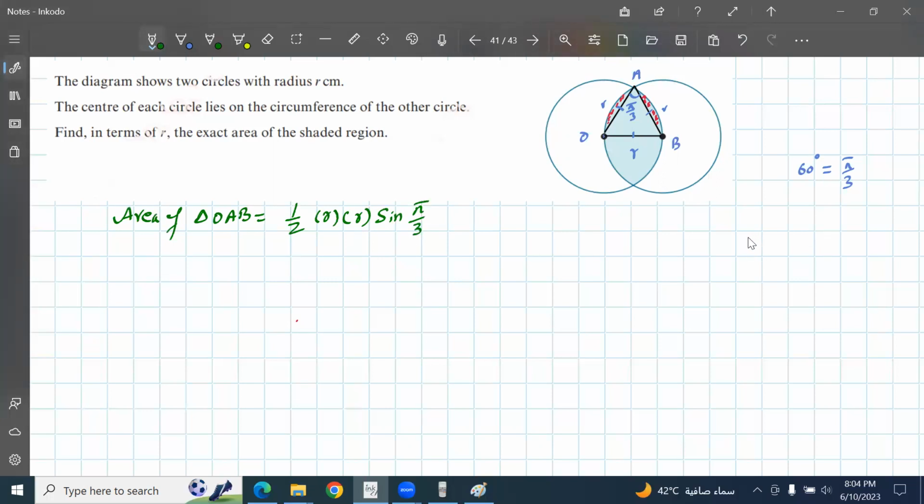When there is no right angle triangle, I use that area of triangle formula, 1 over 2 AB sine C. I apply that concept. And again, they want the exact area of the shaded region.